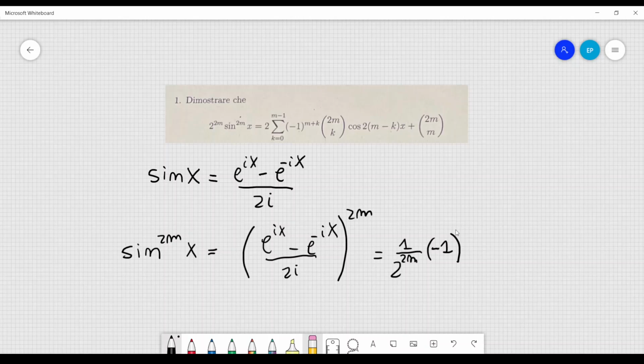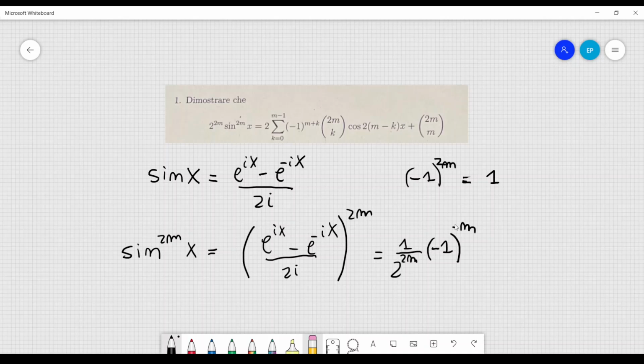So why am I saying this? In principle this should be minus m, but when I have minus 1 to the power m, this is also equal to minus 1 to the power minus m. This is very easy to prove because if I take this to the left hand side, I have minus 1 to the power 2m equal to 1, which is indeed satisfied. So this is of course true.